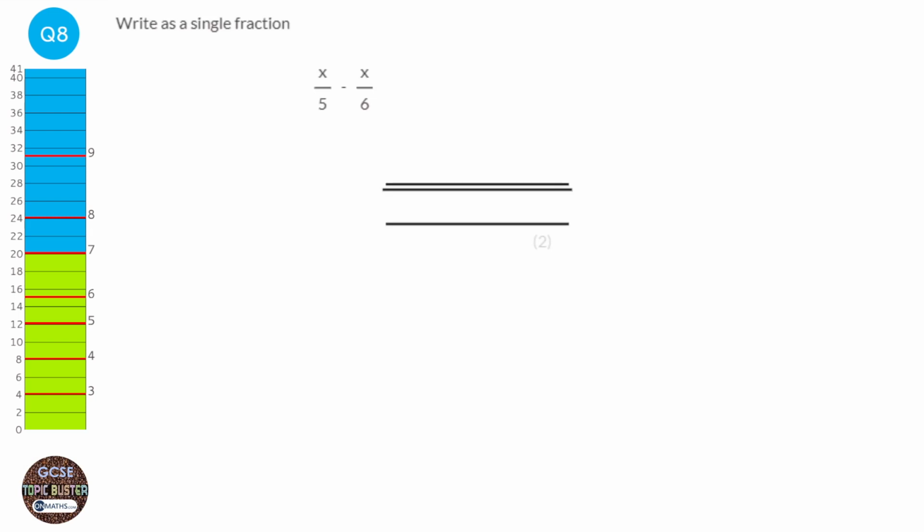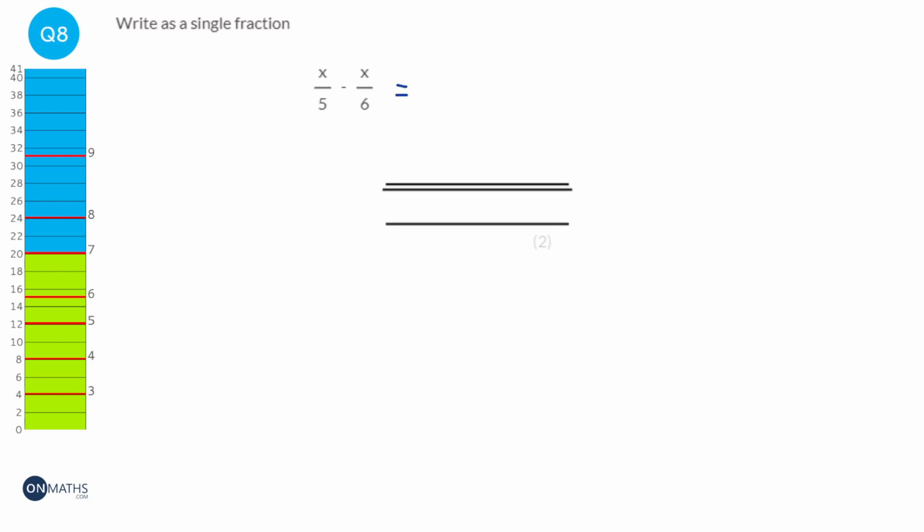The way you do this question is very, very similar to if it was 1/5 minus 1/6. You need to get the denominators to be the same, and then you add or subtract the tops. Well, we subtract in this instance. So 5 and 6, the lowest common multiple of 5 and 6 is 30. So I'm going to times the left hand side, top and bottom, by 6, and the right hand side, top and bottom, by 5.